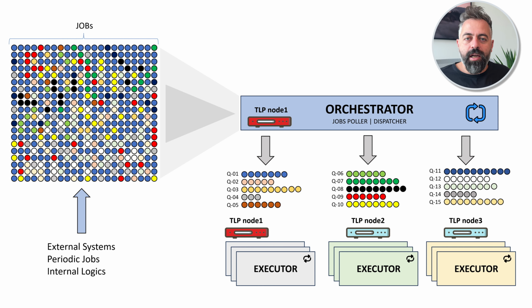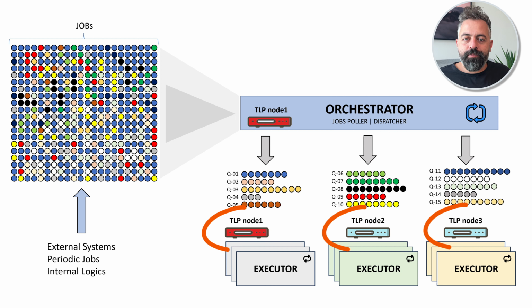The following slide gives us a high-level overview of the JobZilla architecture, which is composed mainly of an orchestrator and an executor. The orchestrator is responsible for retrieving jobs that need to be processed and dispatching them to the available executor nodes.